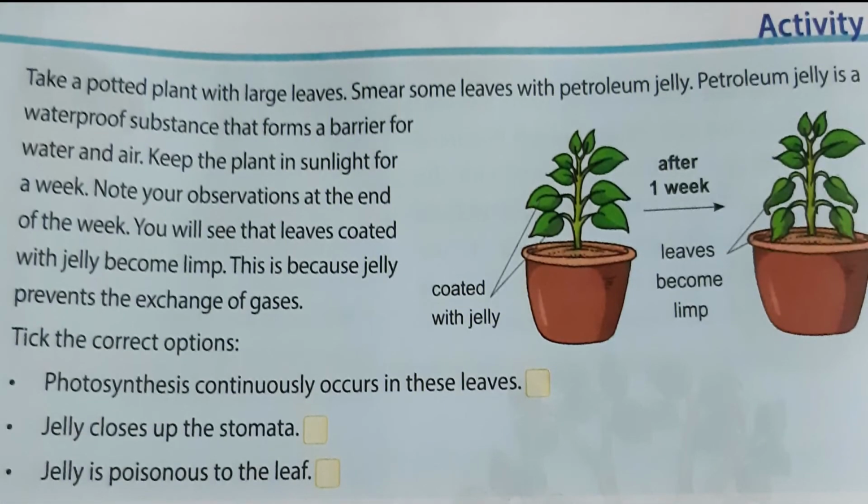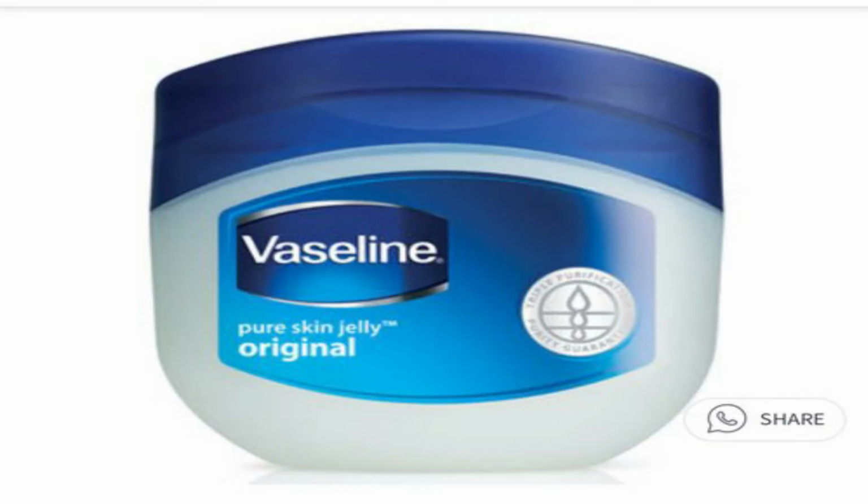See this, children? Here there is an activity, the opening and closing of stomata. Do this activity after the class. Take a potted plant with large leaves. Smear some leaves with petroleum jelly. That means apply petroleum jelly to some leaves. Petroleum jelly is nothing but Vaseline.